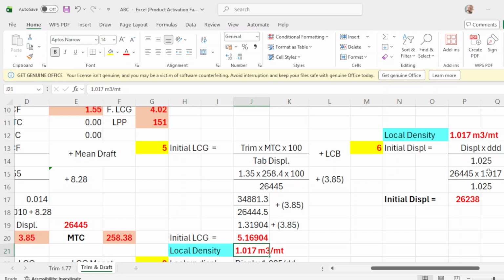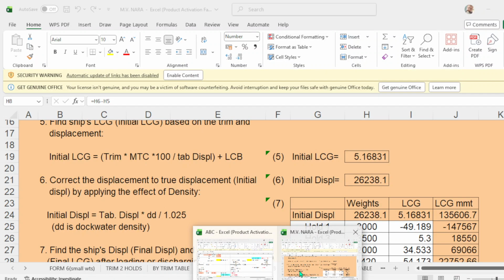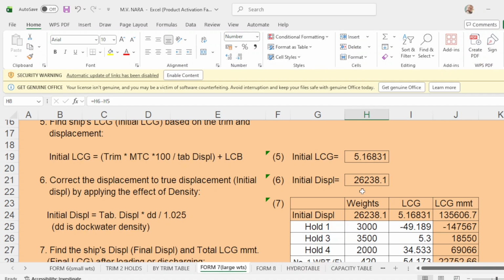So multiply this one over 1.025 is 26238. Okay, almost the same.